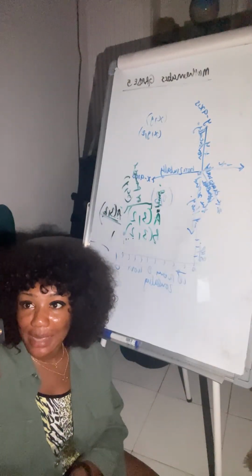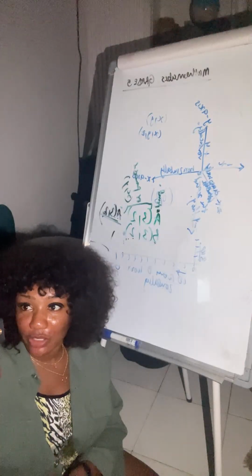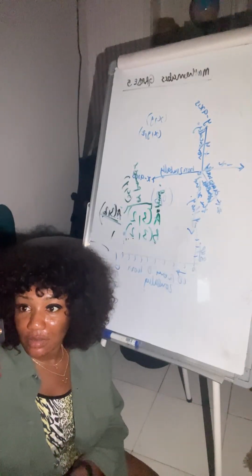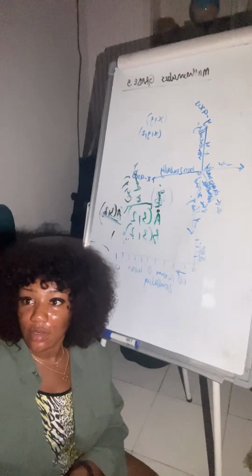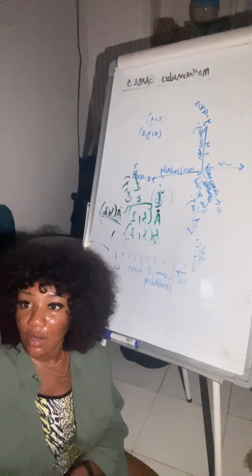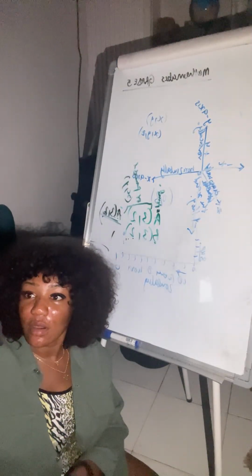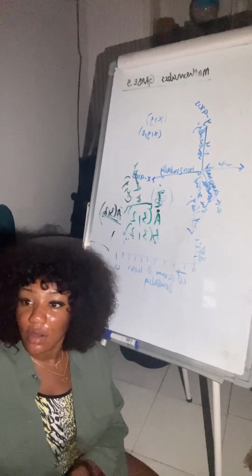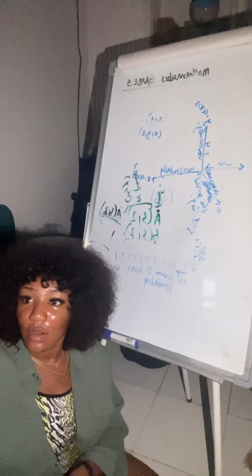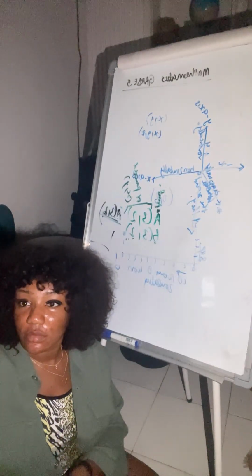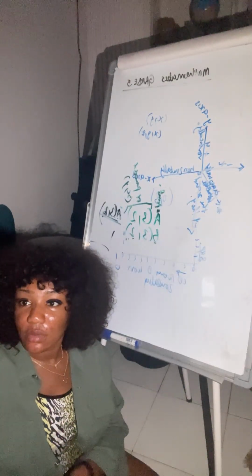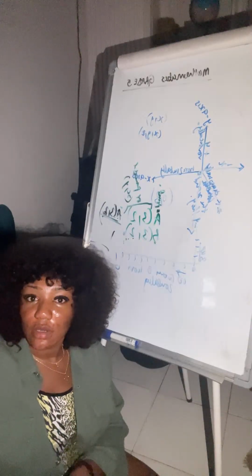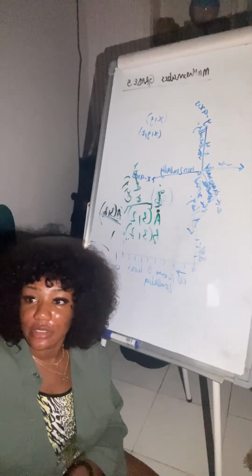The other one is an empty graph. They want you to plot it. They've already given you a complete grid.